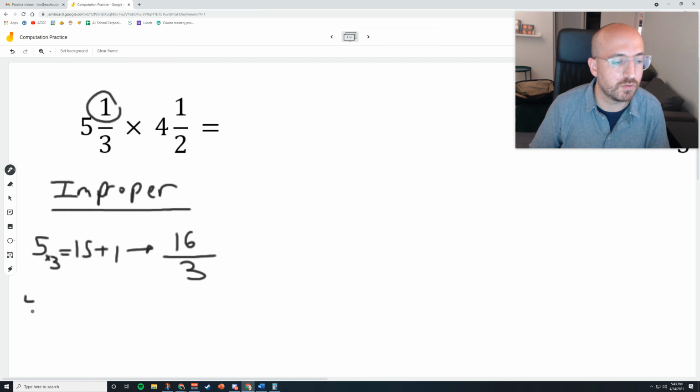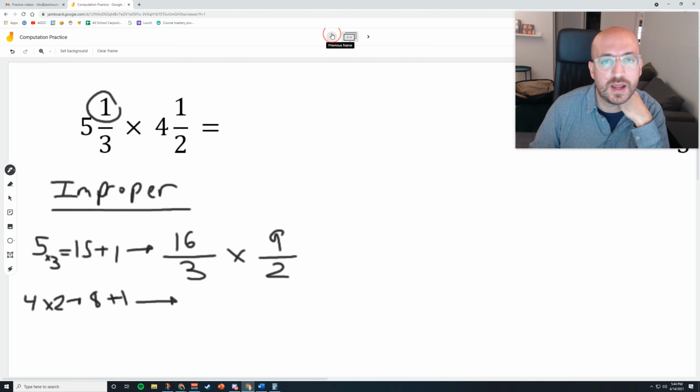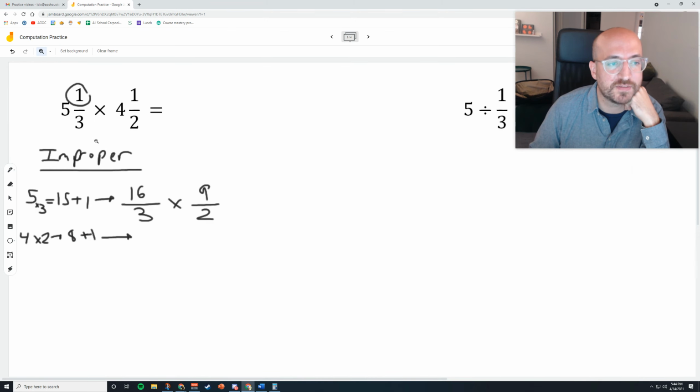Here I have 4 times 2. 4 wholes of halves is 8 plus the 1 more goes to 9 halves. So I just rewrote this 5 1/3 as 16/3 times 9 halves. And then we'll just go through by crossing off common factors.